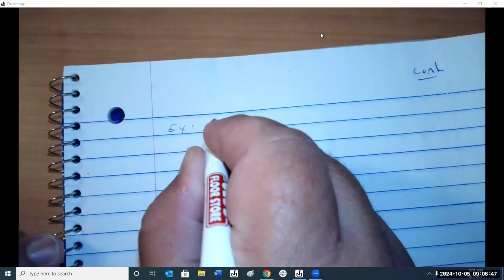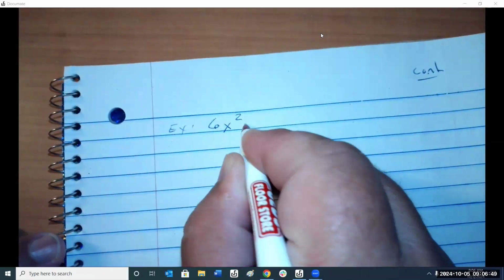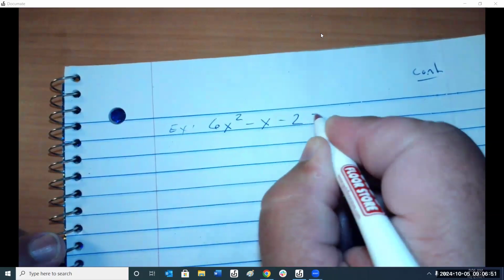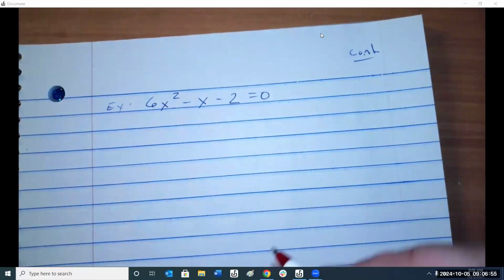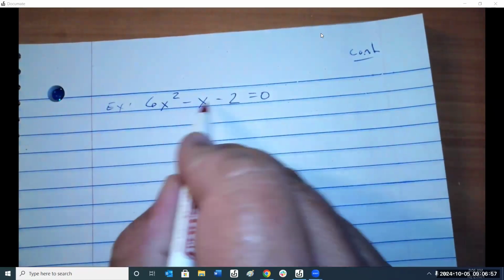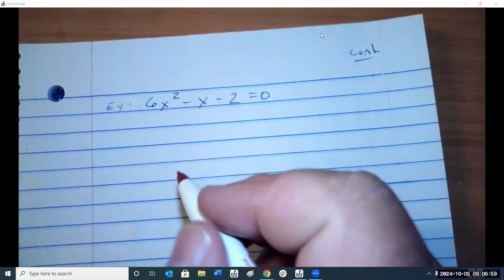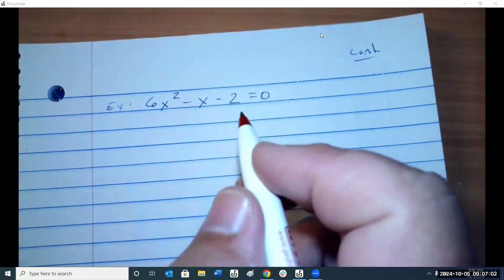All right, so let's look if we had this example. We had 6x squared minus x minus 2 equals 0. Nothing factors out of all three of them. It's set equal to 0. Check, check.